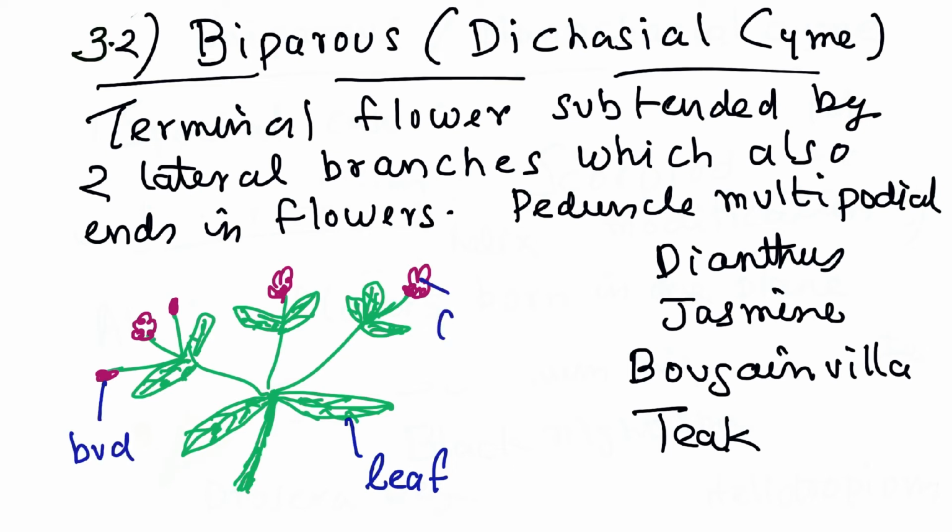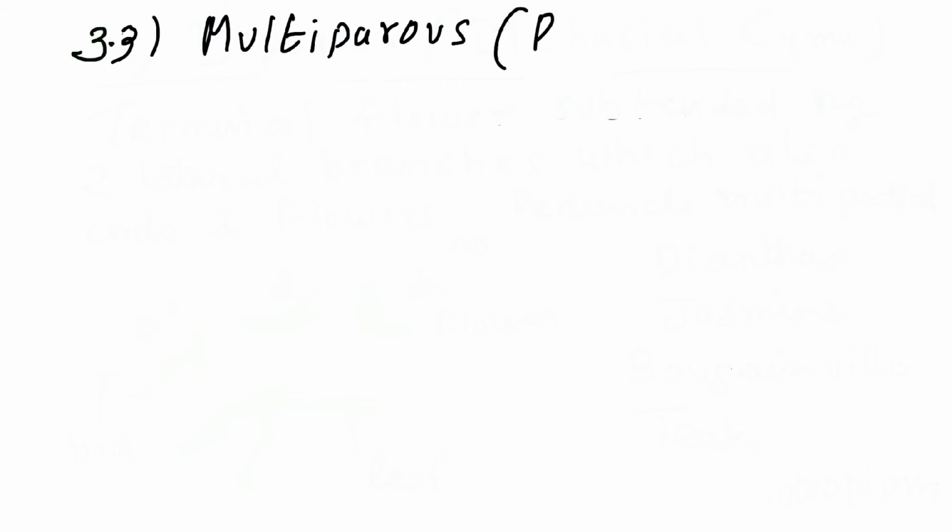And of course, this kind of inflorescence is commonly seen in jasmine and bougainvillea. So going on to the third case, that is the multiparous or Polychasial Cyme.